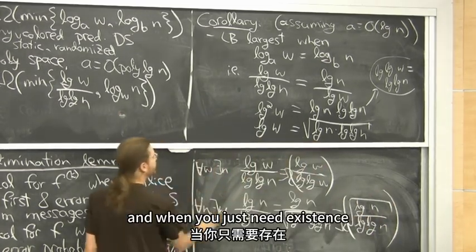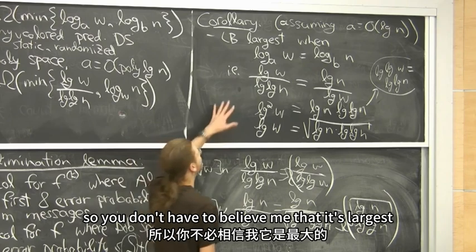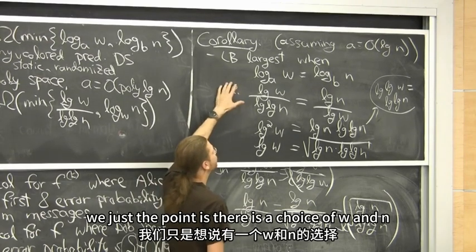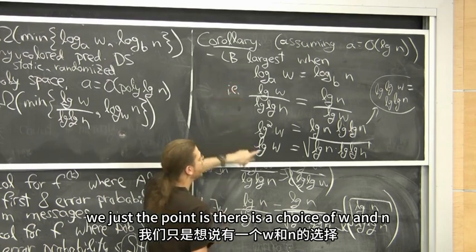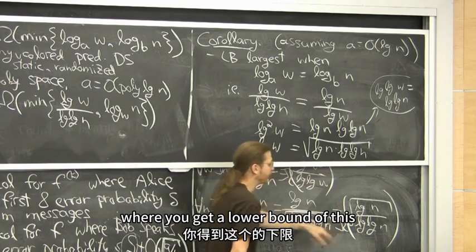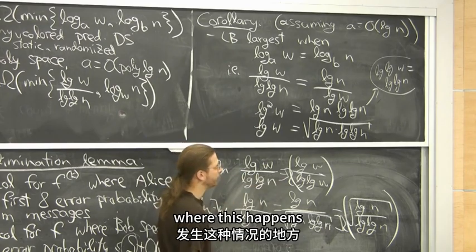Okay, when you just need existence, then we get to choose the relationship between n and w however we want. So you don't have to believe me that it's largest when they're equal. It happens to be true, but the point is there is a choice of w and n, namely log w equals root log n, where you get a lower bound of this. And there's another choice for n versus w where this happens.